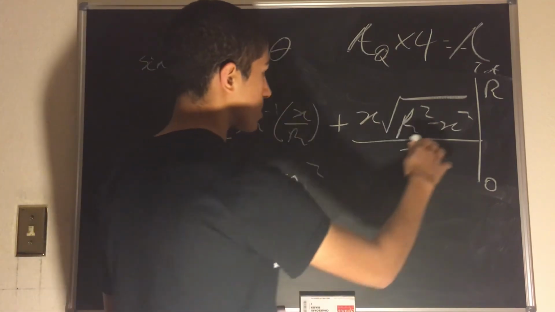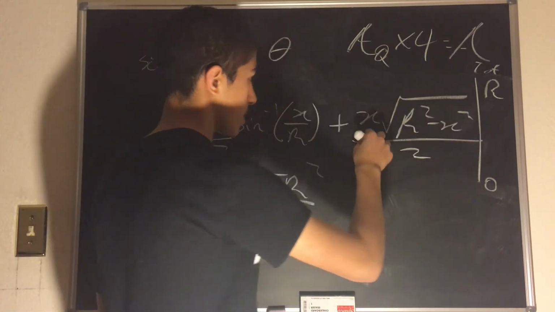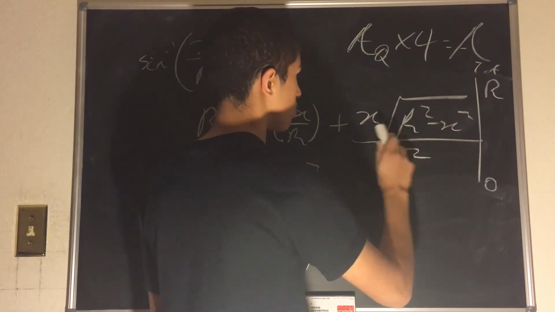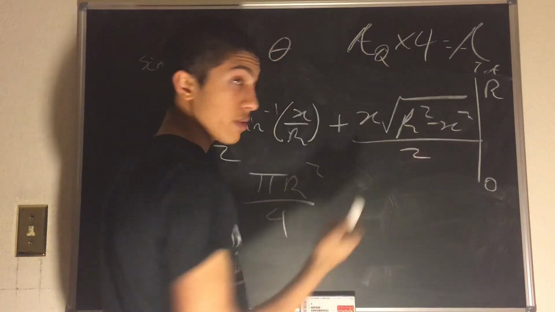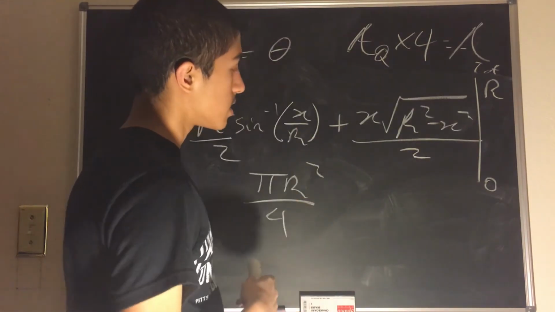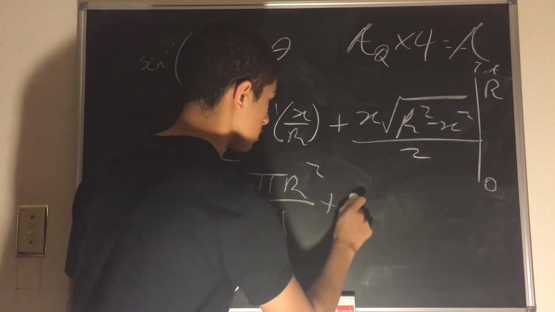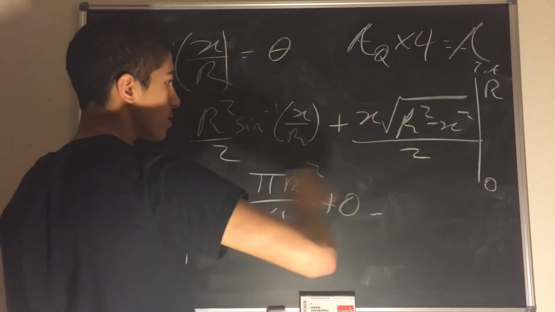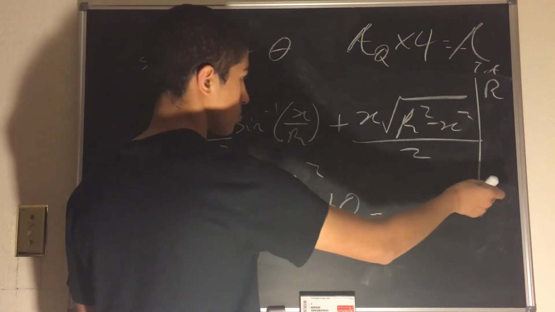Now let's evaluate for x equal to r again in this term. If x is equal to r, then the root of r squared minus x squared is going to equal 0. So this entire term for x equal to r is 0, so plus 0. Then we subtract this entire expression when x is equal to 0.